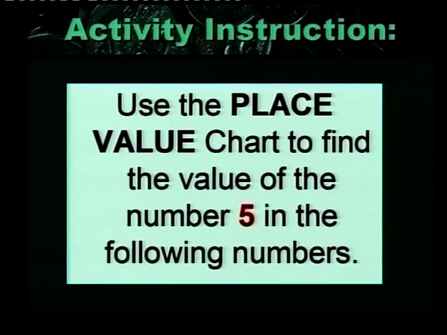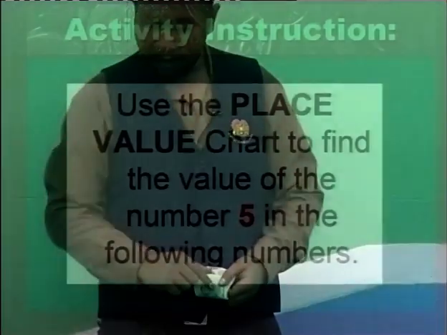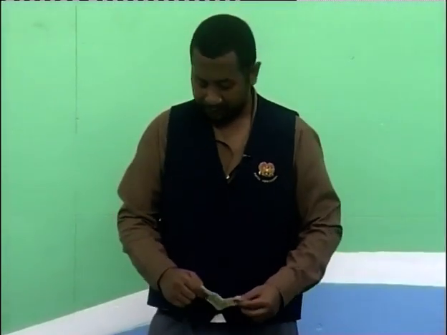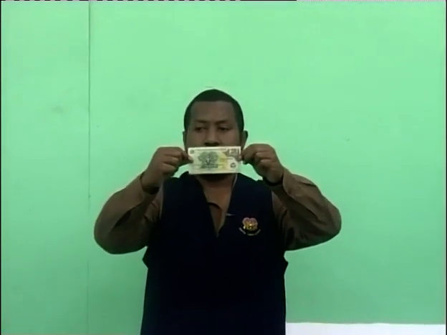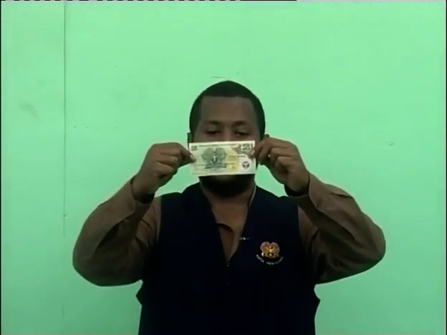Now, up in front, I've got some money. I don't have much. I would like you to tell me how much do I have. Firstly, 2 kina and 2 coins. How much is this?